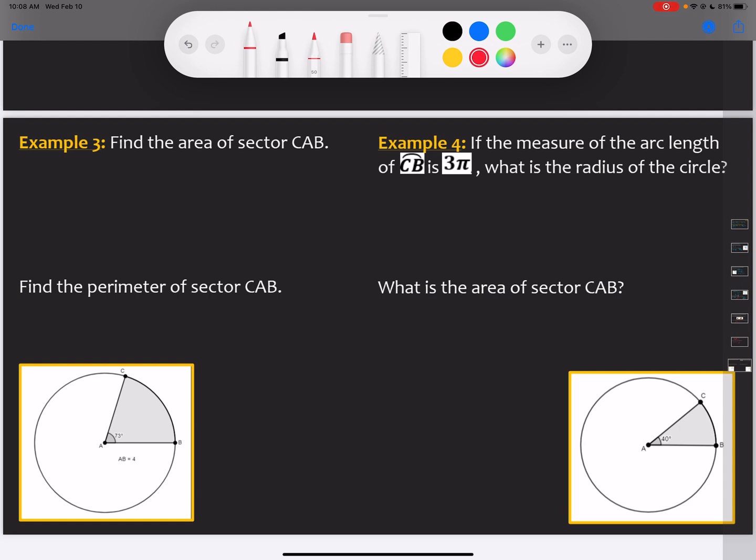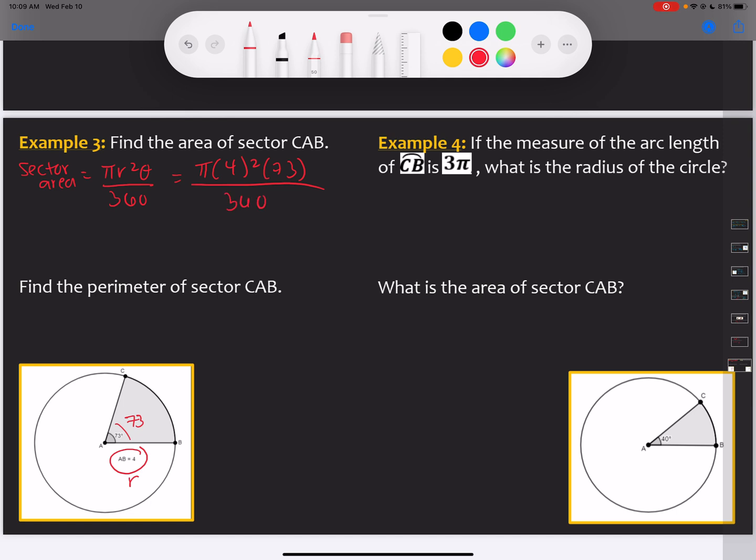All right, and for example, I'm looking at the bottom left picture. So if my formula is sector area pi r squared theta over 360, just substituting the values in, I know that AB is 4, so that's my radius. My intercepted arc of the central angle is 73. So pi times 4 squared, 73 over 360.